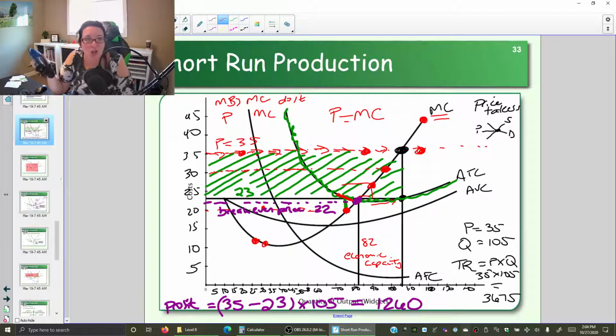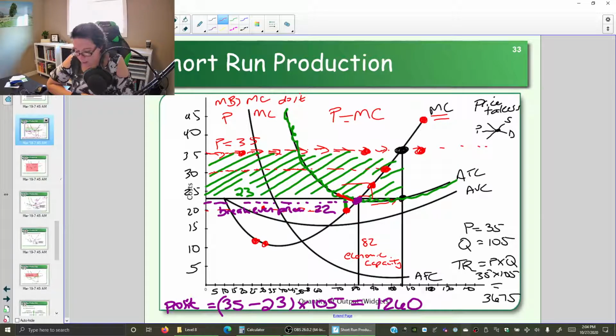In the long term, the fixed costs are no longer fixed, and then you can decide to get out of this business. But in the short term, when you still have to pay the contracts, the leases, the rent, because you're contractually obligated, then you need to think about, can I put any of my money towards paying for that fixed cost? Can I continue to operate at a loss?